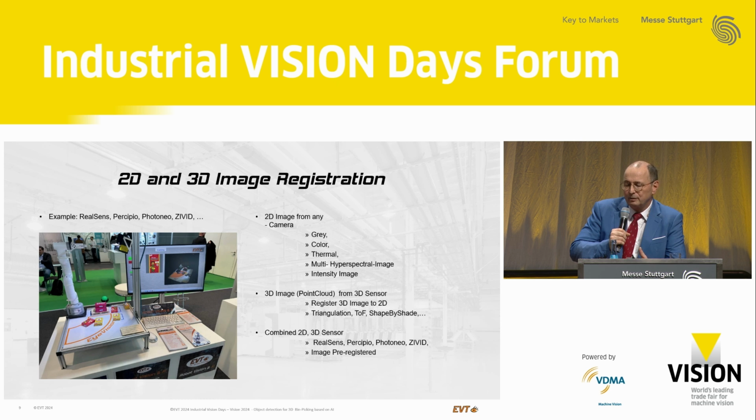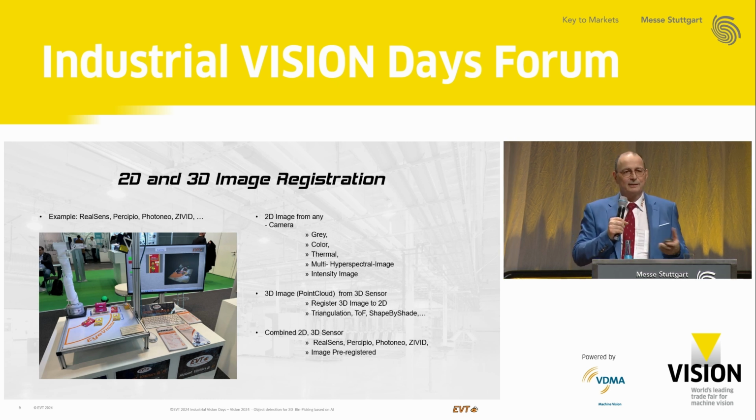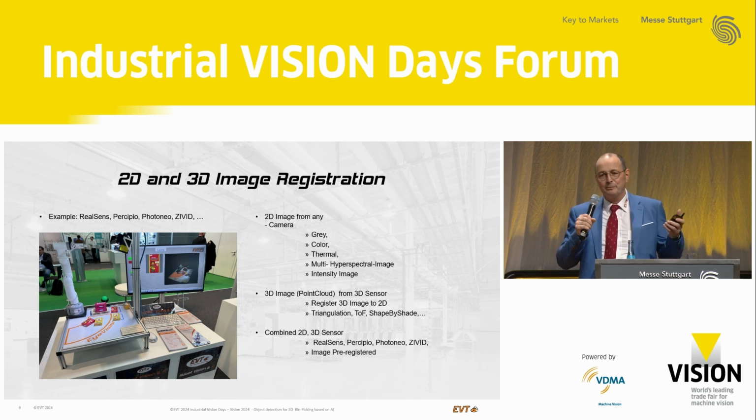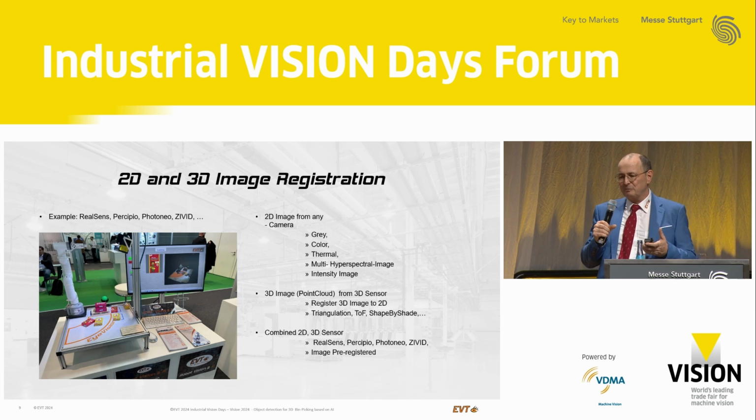And how does it work? Somewhat easy. You register the point cloud and the color image together so that you can switch between the information of both images. The simple way is to have a camera which generates both a point cloud and a color image. How to get these?